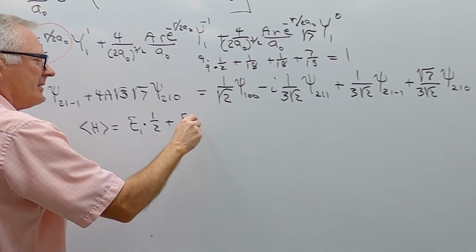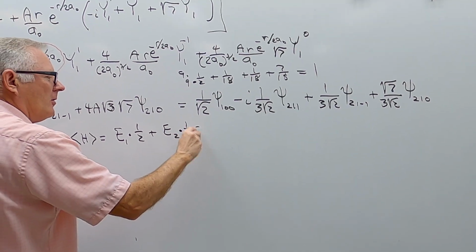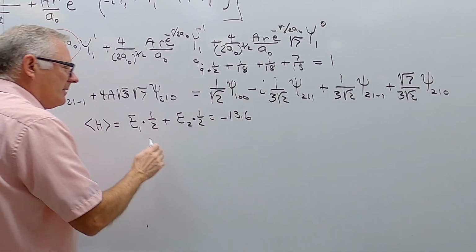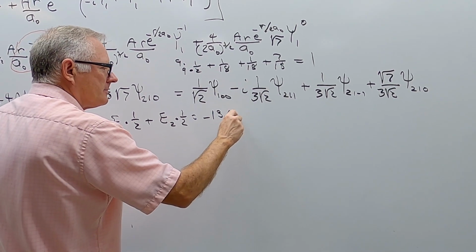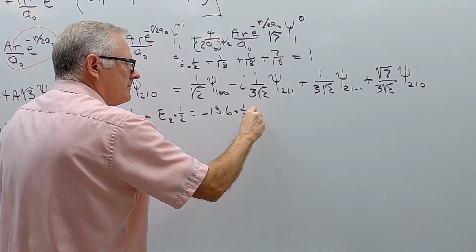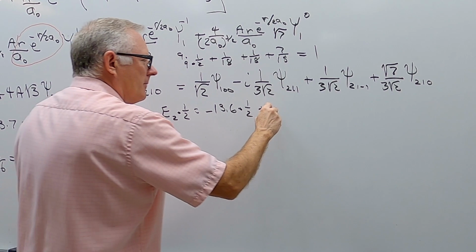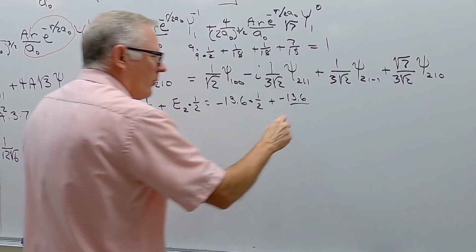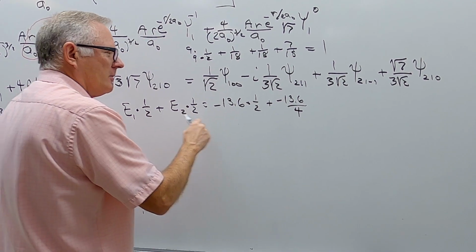So it's times 1/2, which is minus 13.6 times a half, plus E2, remember, is minus 13.6 over n squared, which would be over 4, times 1/2.